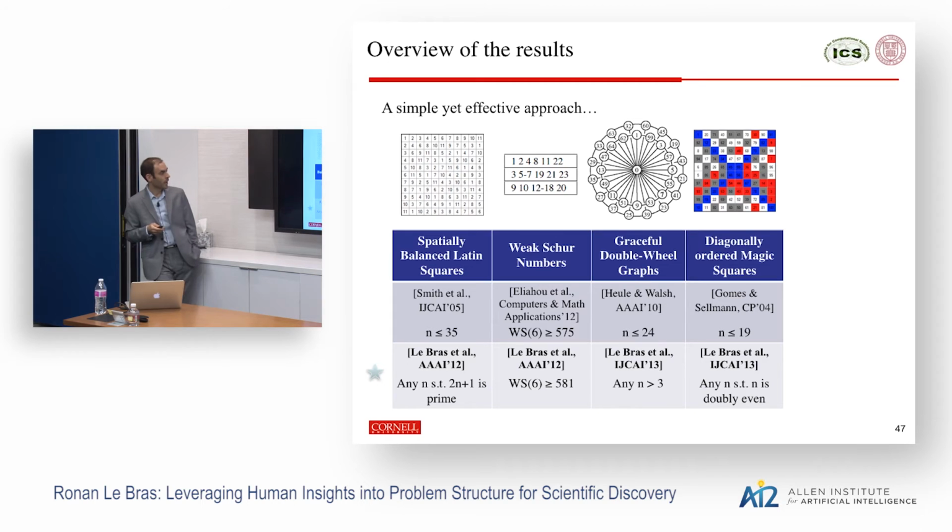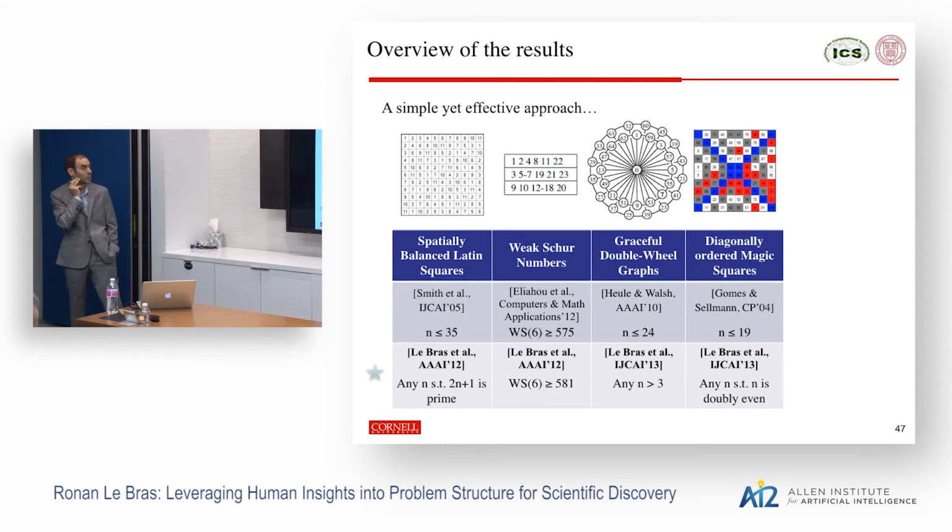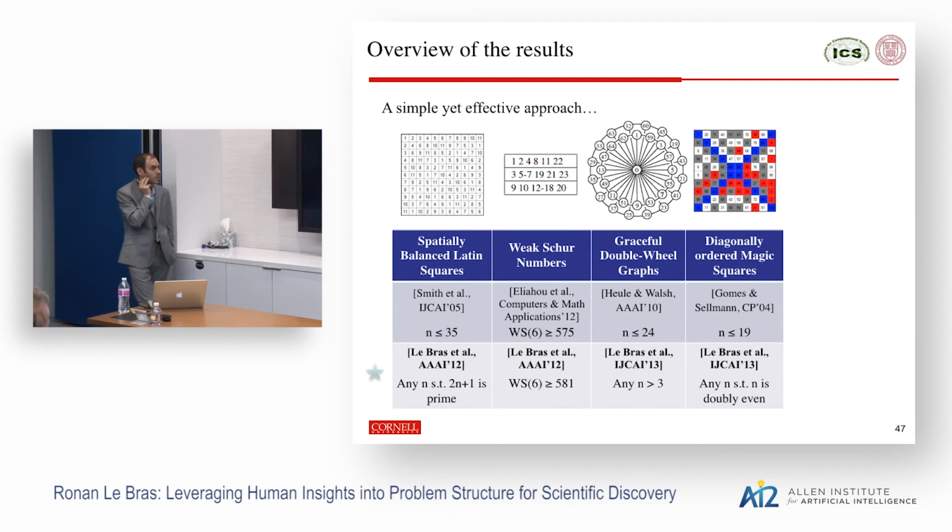A year after that, we actually were able to prove that double wheel graphs are actually graceful. If I remember, it was like a 5-year-old open problem, and now it's closed. We proved that for any size, double wheel graphs are actually graceful. We have some results on diagonally ordered magic squares as well.